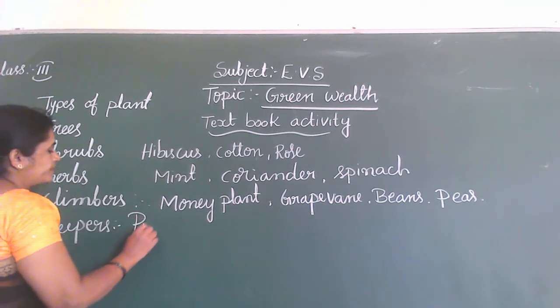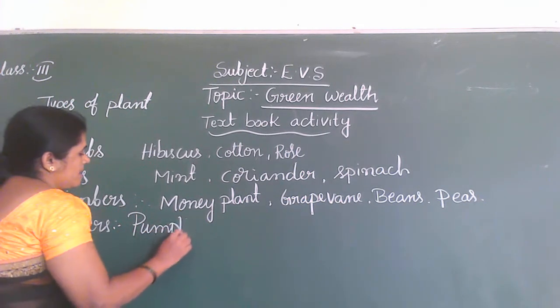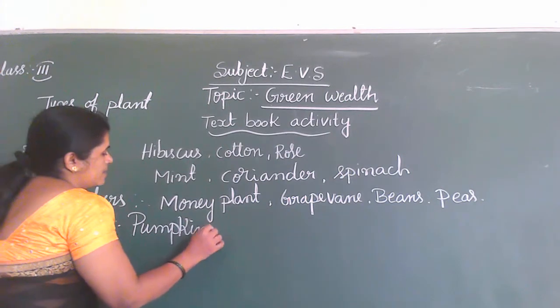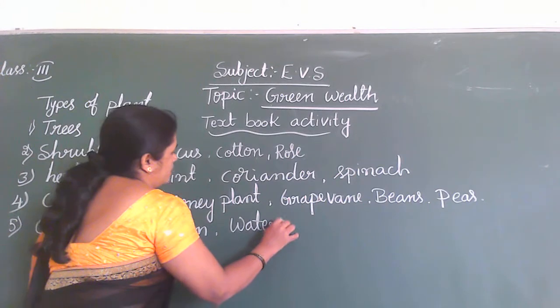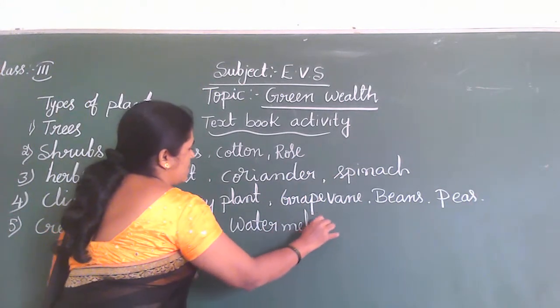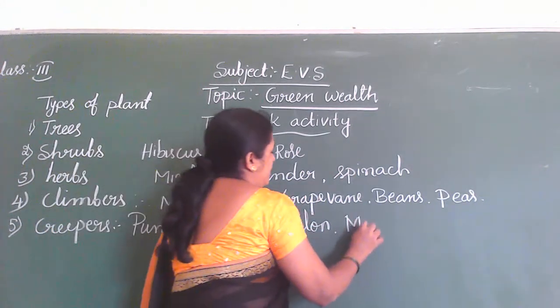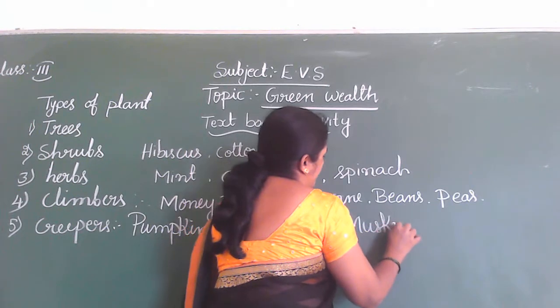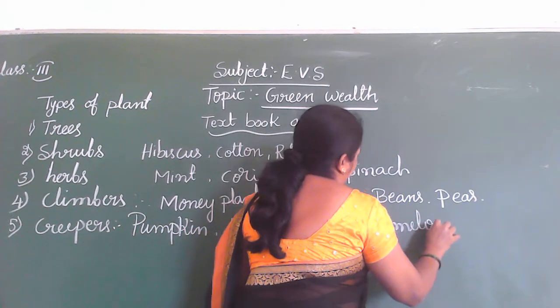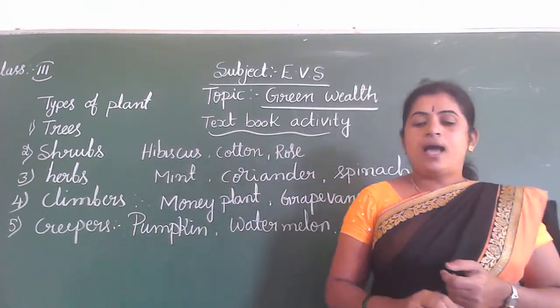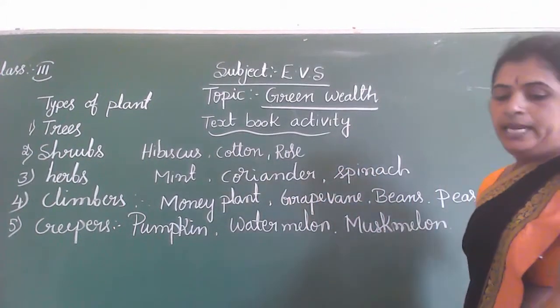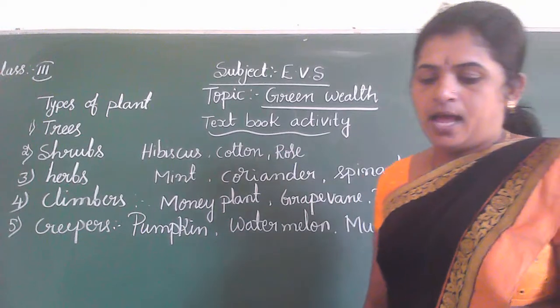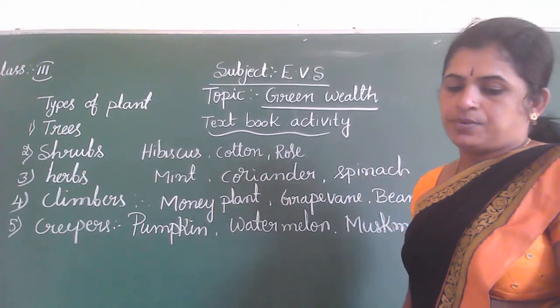Pumpkin, watermelon, and muskmelon. These are the examples for creepers.